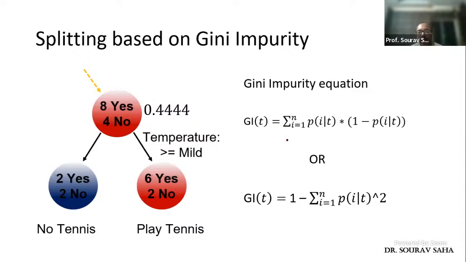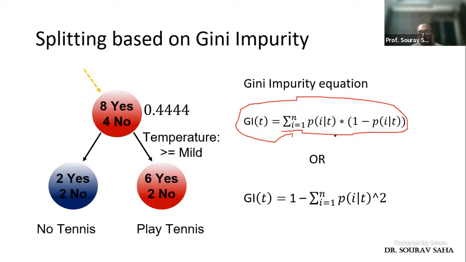This is basically the formula of Gini impurity, and it sums up over all the classes. For the first node, the first class is 8 by 12 and the complement of it is 4 by 12. That's for the first part, which is yes. For the no part, it is 4 by 12 multiplied by the complement of that, which is 1 minus 4 by 12, which is 8 by 12.